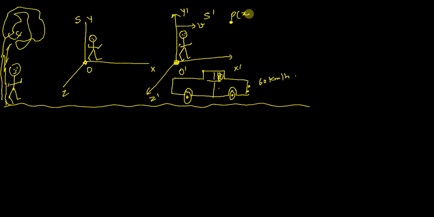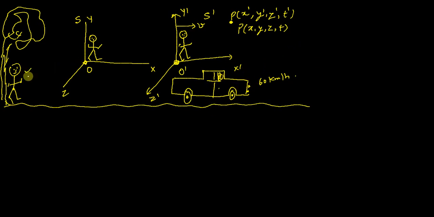So the coordinates according to the O prime observer will be x prime, y prime, z prime. He will say that the bomb exploded at this particular position and at this time, and the man standing across the road will say that it happened at x, y, z and time t. So this is the physical situation.